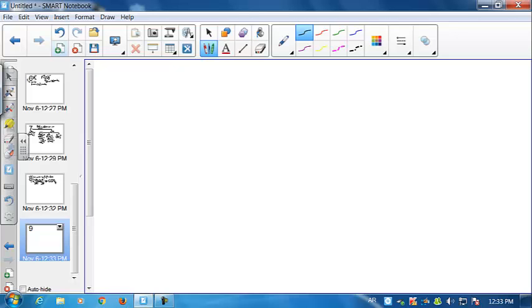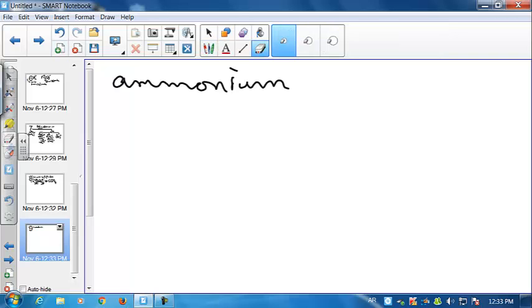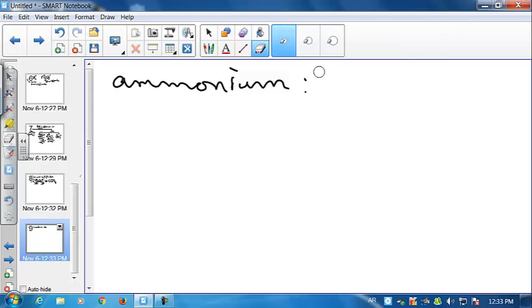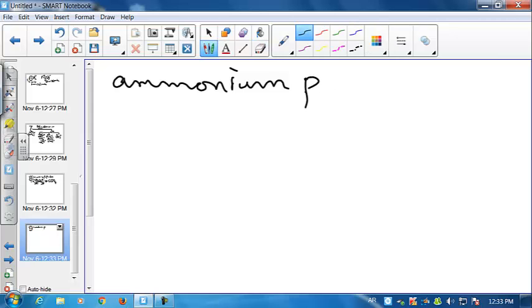Ammonium phosphate. Ammonium is positive, so it comes first. Sorry, I said sulfate, it is phosphate. Right. I memorize that ammonium is +1 and phosphate is -3.